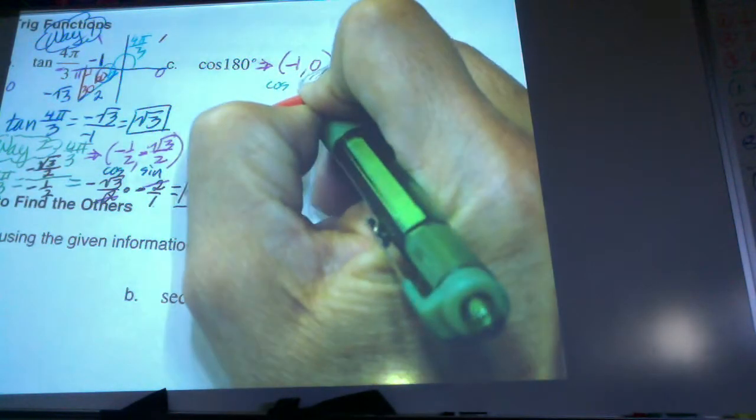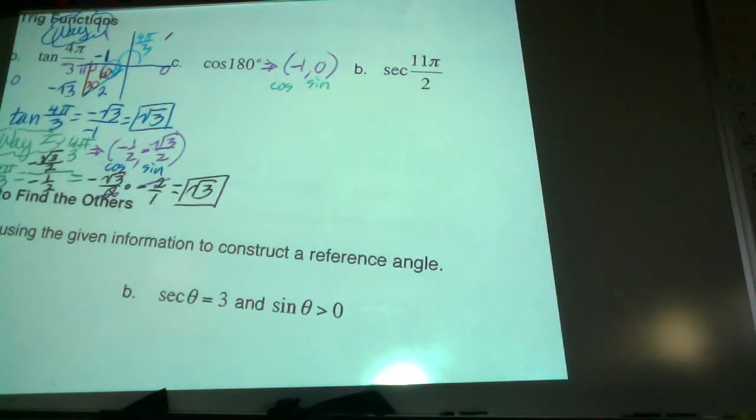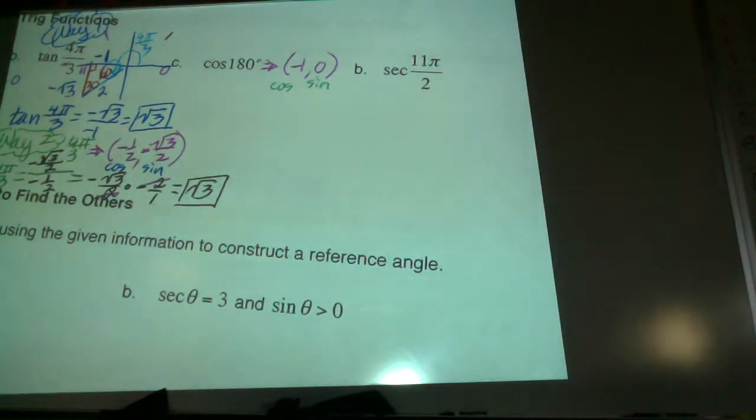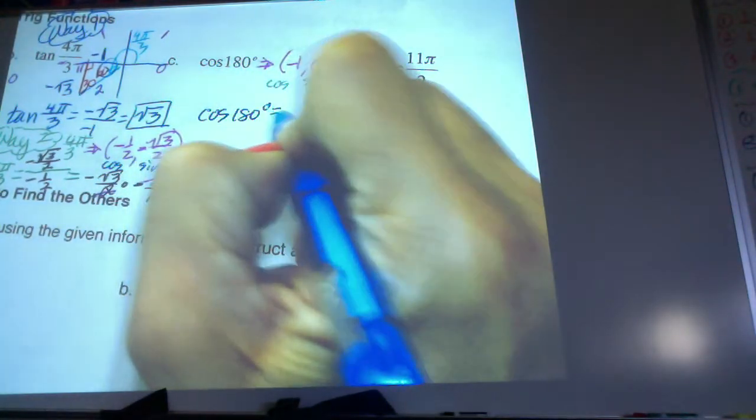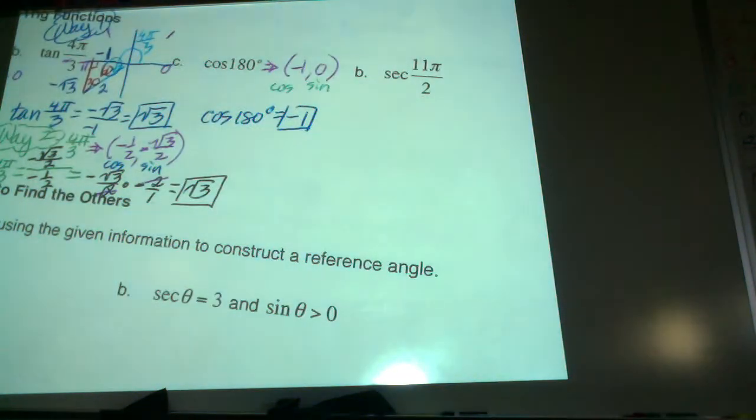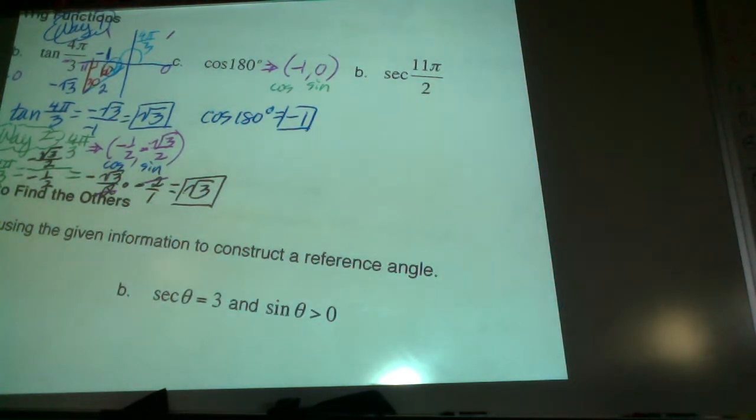Isn't the negative 1 my cosine and isn't the 0 my sine? There's really no work to show for this. So therefore, the cosine of 180 degrees is exactly equal to negative 1. It's that ordered pair. Done. Now, if I asked you for the sine of 180 degrees, you would have said 0.